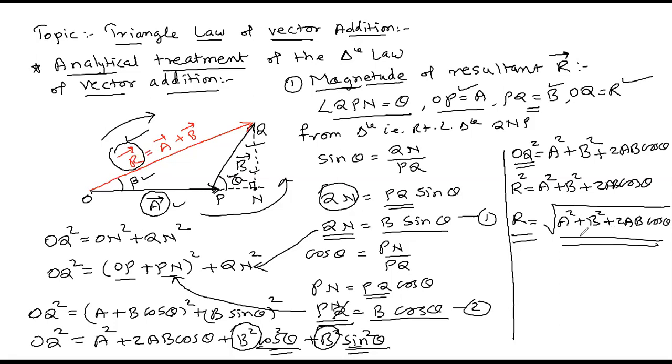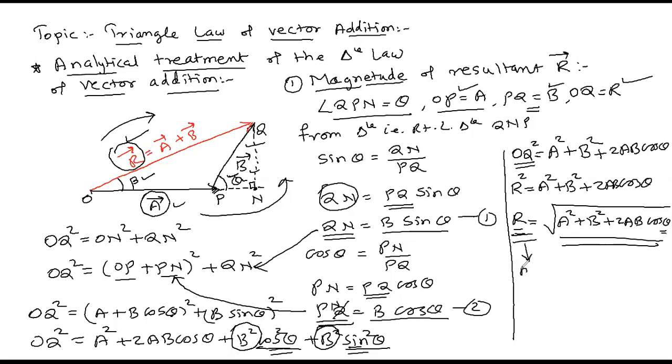In words you can say that resultant vector R is equal to square root of the magnitude square of vector A plus magnitude square of vector B plus 2 times the magnitude of vector A and B into cos of the angle theta, where theta is the angle between A and B. So this is nothing but your magnitude of resultant vector.